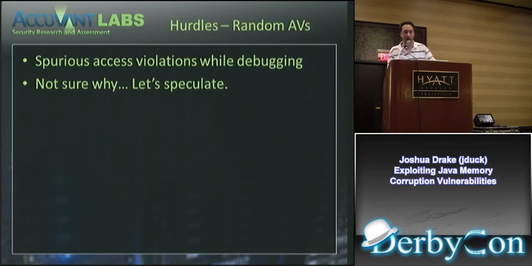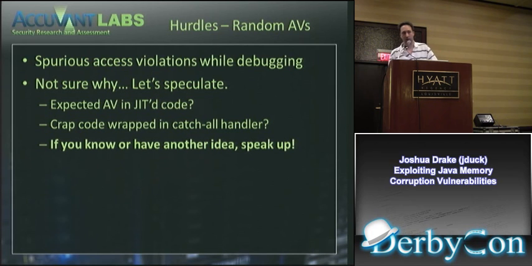I have some ideas. Does anyone have any ideas why? Does anyone know why? Damn. One idea is that when it JITs some functions, it may say, we're going to catch all exceptions while we're in the jitted function in case we really screwed up jitting.